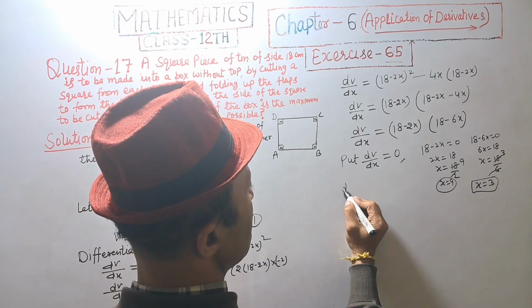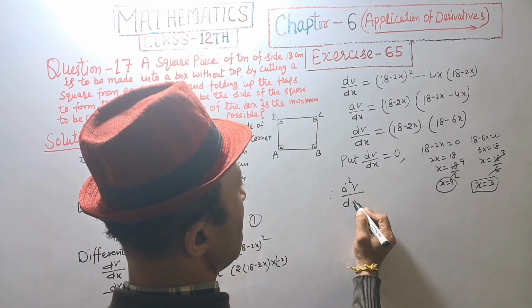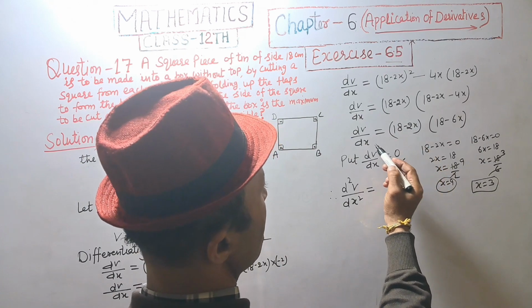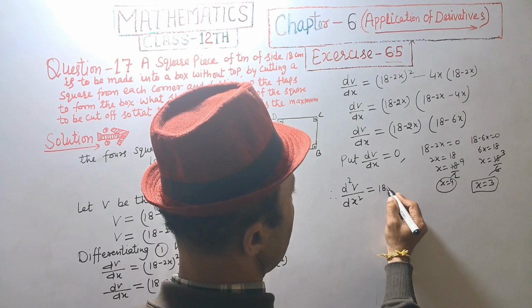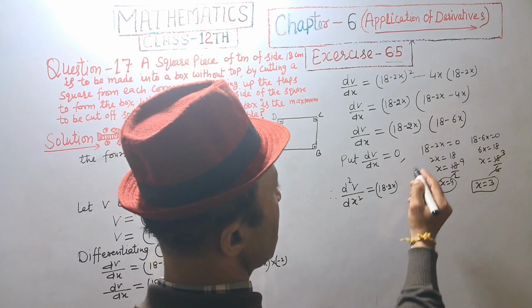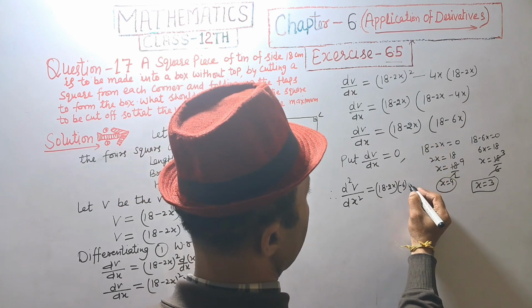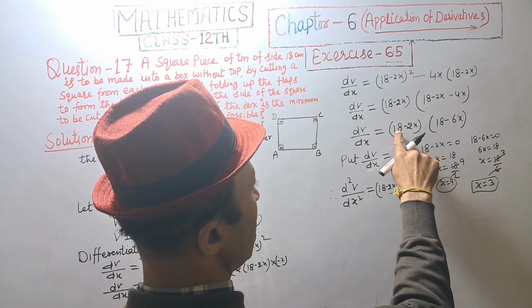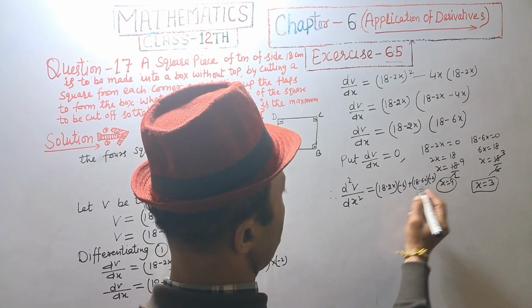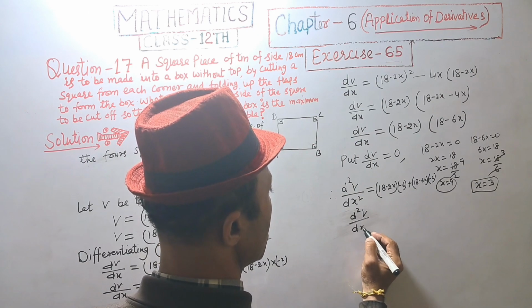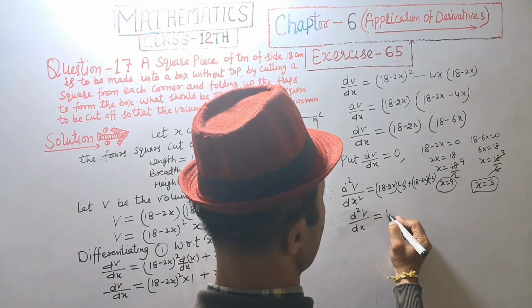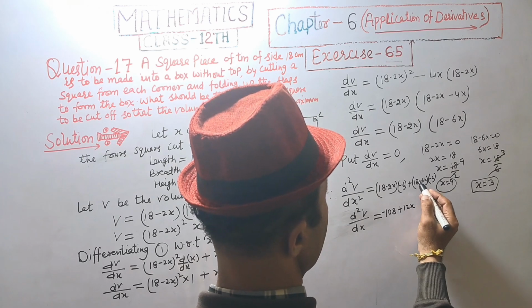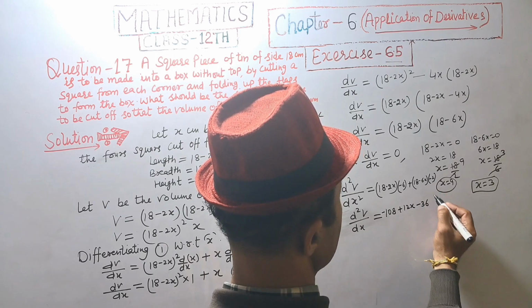Once again differentiating, d square V upon dx square is equal to first function as it is, 18 minus 2x, into differentiation of second, which is minus 6, plus 18 minus 6x as it is, into differentiation of 18 minus 2x, that is minus 2. d square V upon dx square equal to 18 times minus 6 is minus 108, plus 12x, and minus 36 plus 12x.